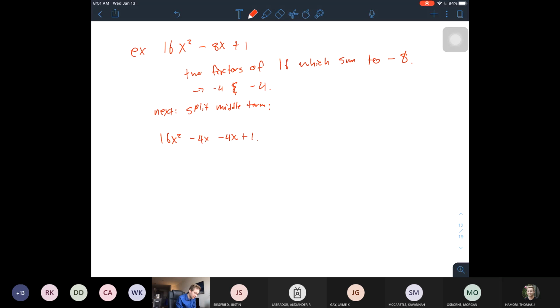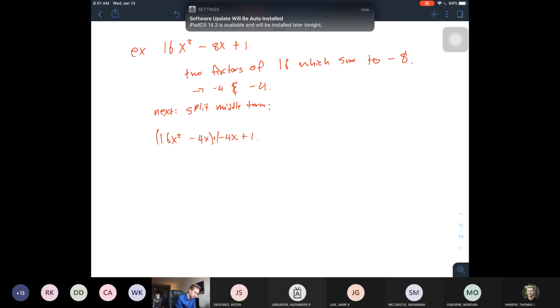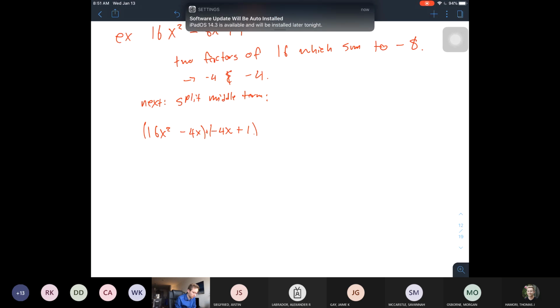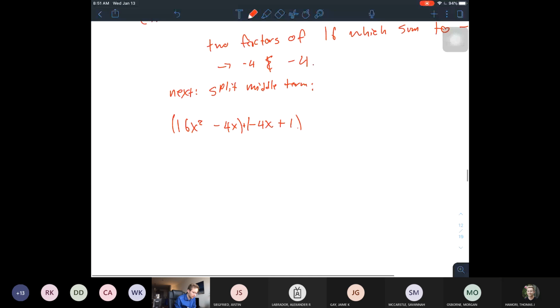And now what we're going to do is take each of these. We'll put a plus in the middle. Okay. And what we're going to try to do is take out a factor from each of these so that we can get the inside to look the same. And we're sort of in a good situation here.